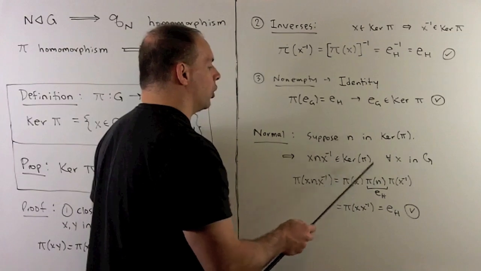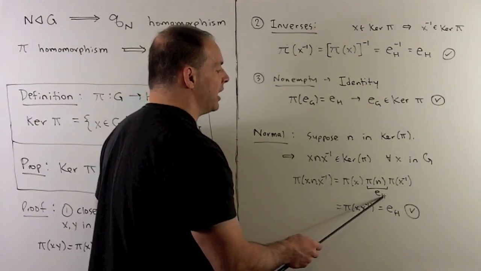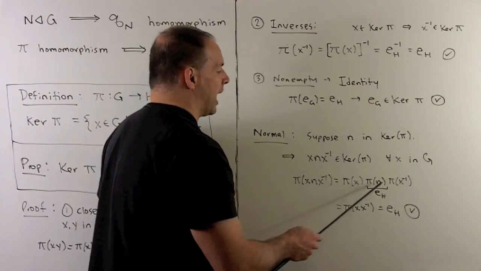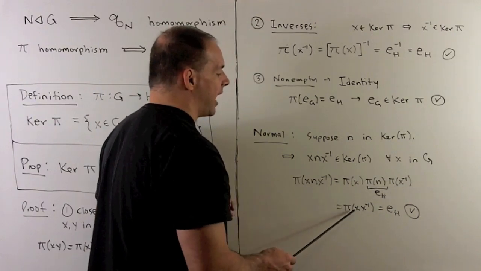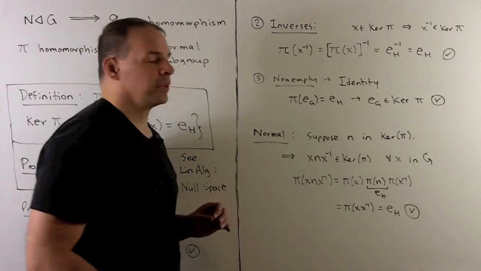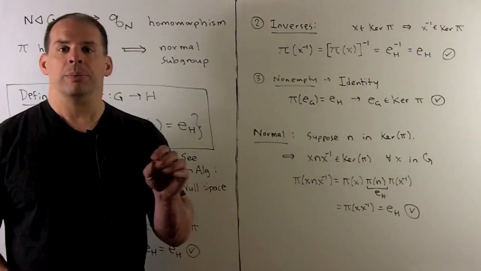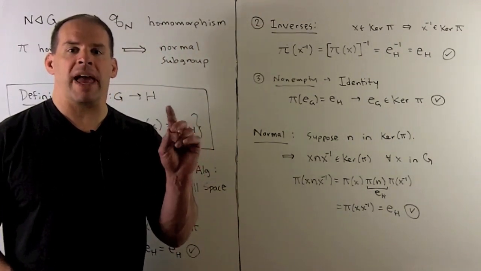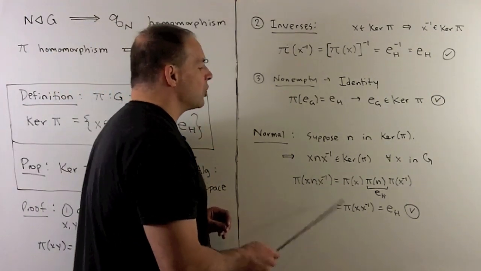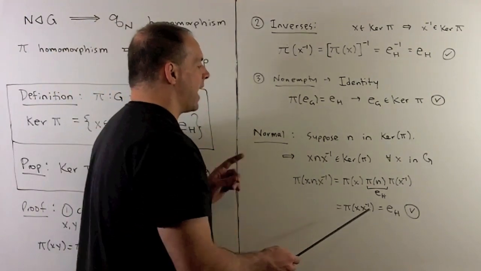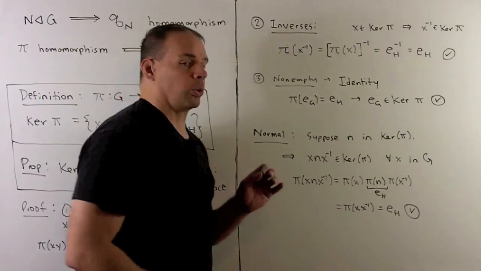Because n is in the kernel, pi of n is equal to e_H. So we can collapse this, and then we'll move everything to the inside as x x inverse. Now, that's equal to the identity for G, and we know that that gets sent to e_H. So x n x inverse is sent to e_H. That means we have a normal subgroup.